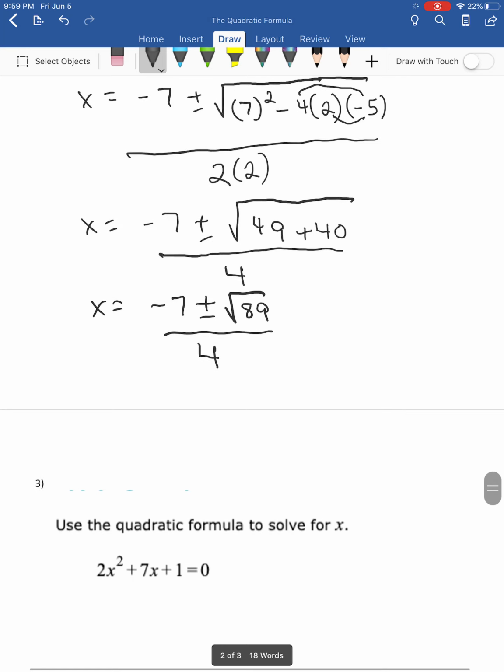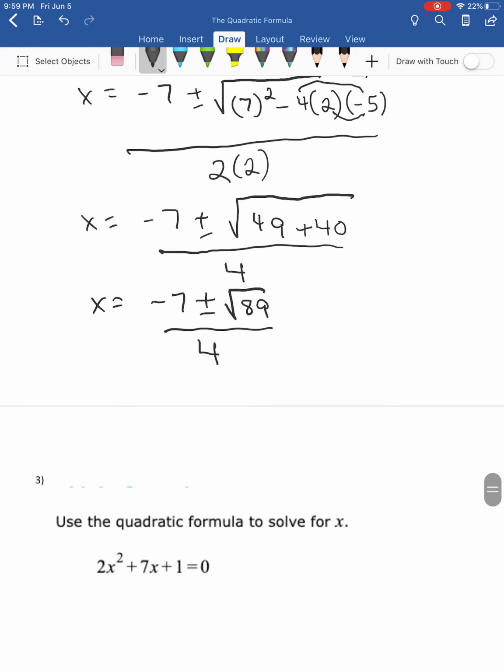Let's go to the calculator and get the value of the square root of 89. The square root of 89 is 9.43.